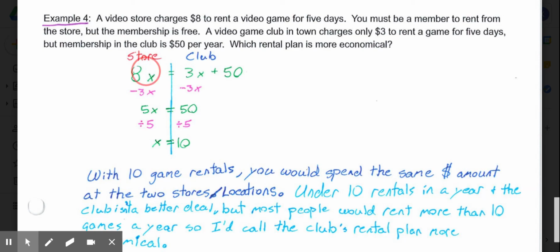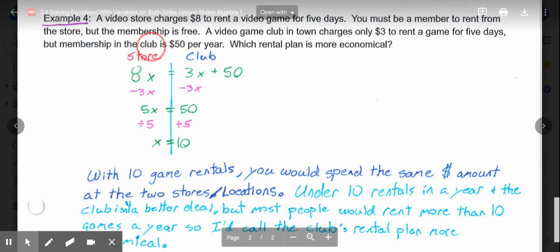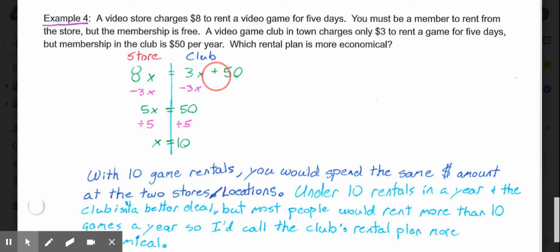So we would take 8x, our expression for the store, and set it equal to our club, which is 3x plus 50. Then we'll solve for x, so we'd subtract 3x from each side, and 5x equals 50. Divide both sides by 5, and x equals 10.